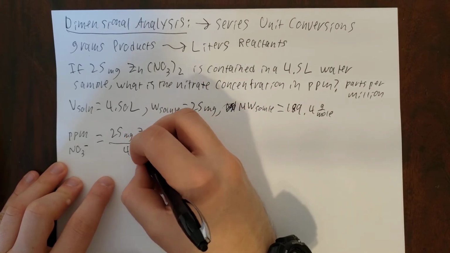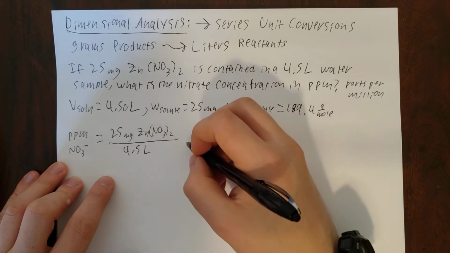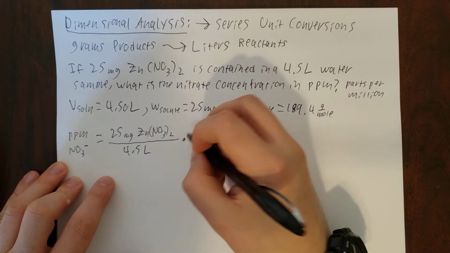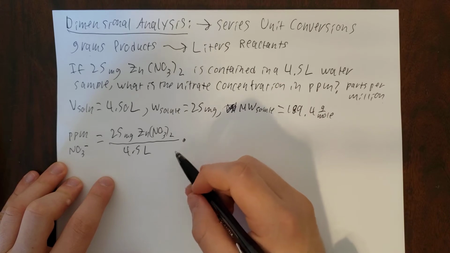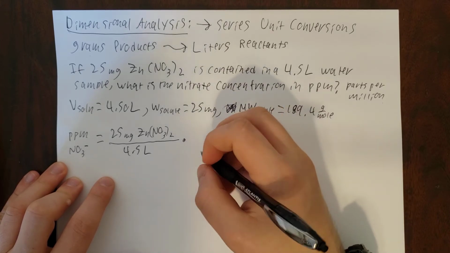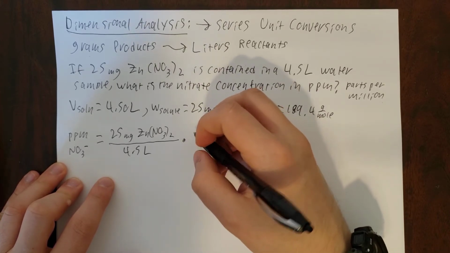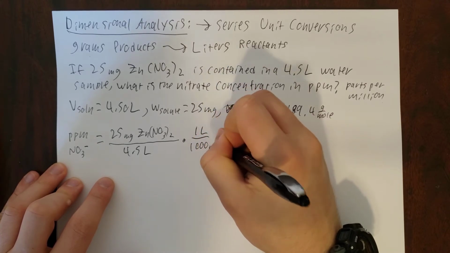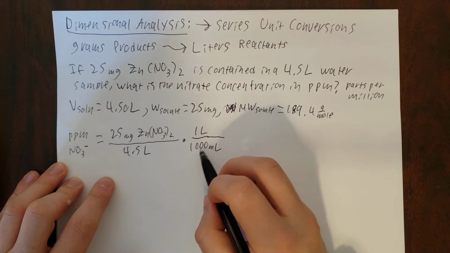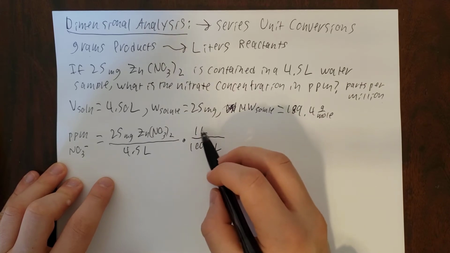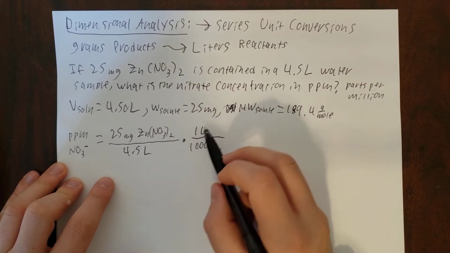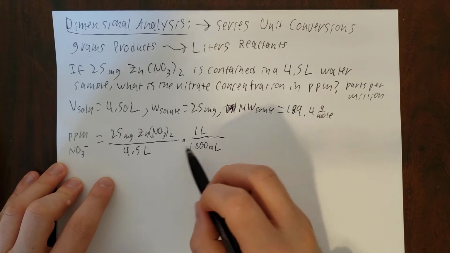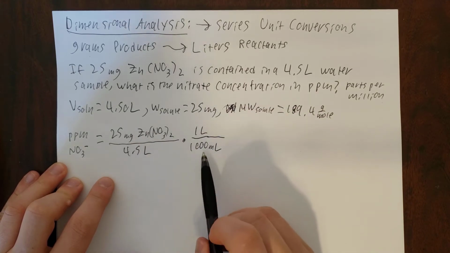Solution, then we can take this and find the number of milliliters of solution, because as we know, there's 1,000 milliliters per liter. And this will cancel out the liters, so we'll have units of milligrams per milliliter.